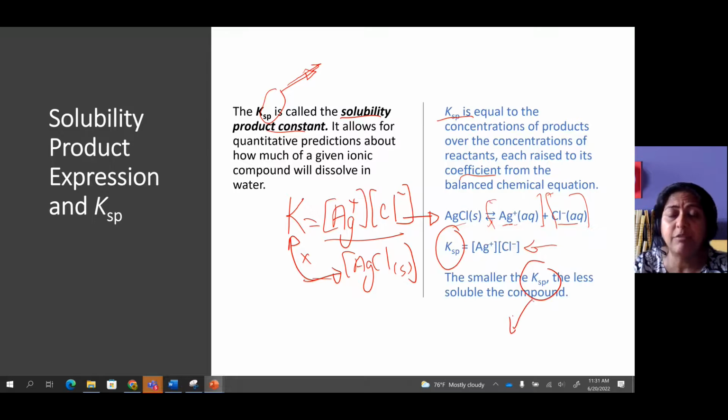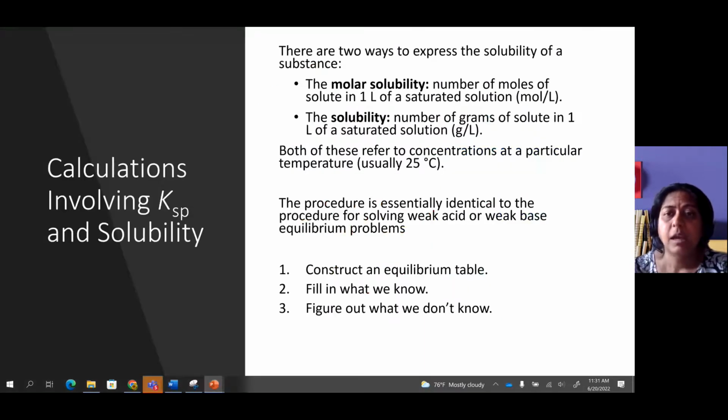If the Ksp value is smaller, it is less soluble. If the Ksp is a relatively larger value, then the solubility of that solid is greater. How can we express the solubility of a product? There are two ways. We can express it using molar solubility, which is defined as the number of moles of solute in 1 liter of saturated solution.